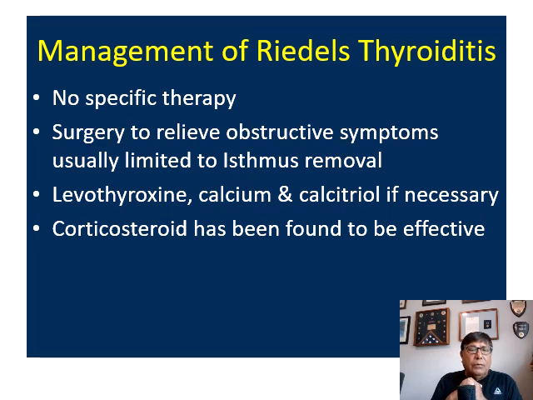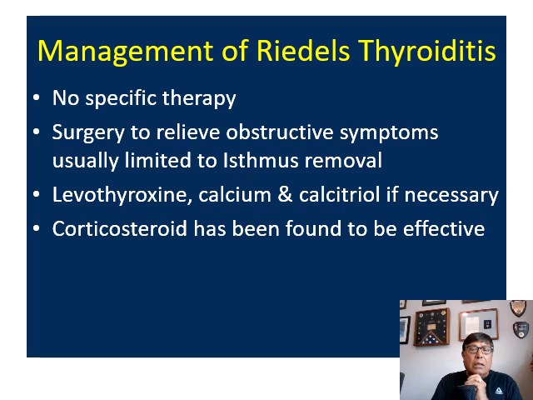Treatment-wise, it is non-specific and symptomatic, but if the obstructive symptoms, either respiratory, digestive, or esophageal compression, are significant, one has to do removal of the isthmus, called isthmusectomy, to relieve the pressure on midline structures like the trachea and esophagus.